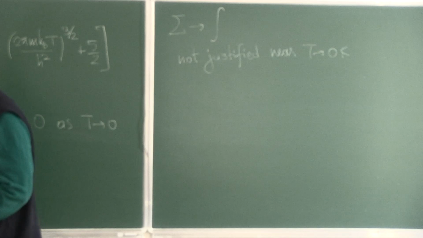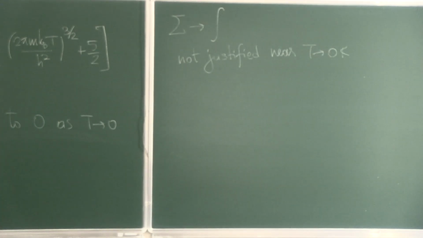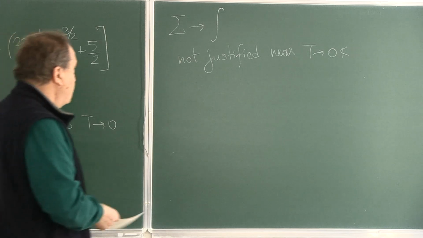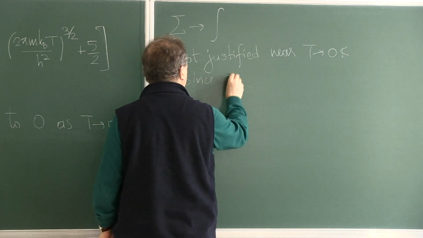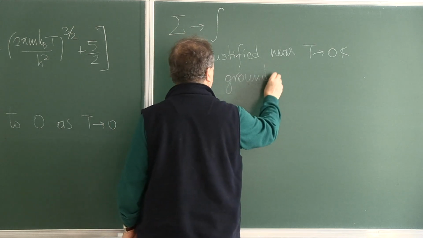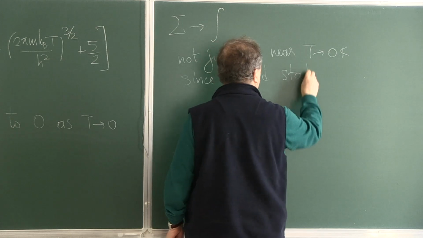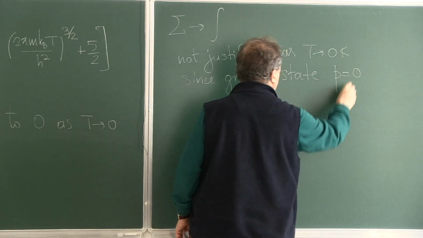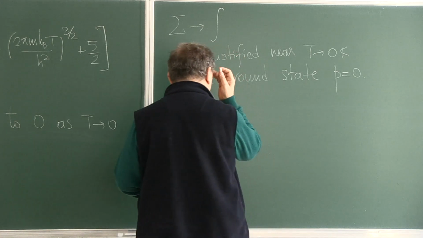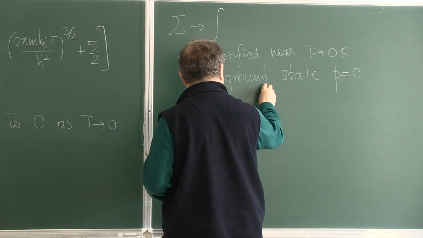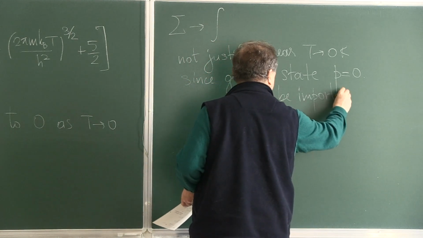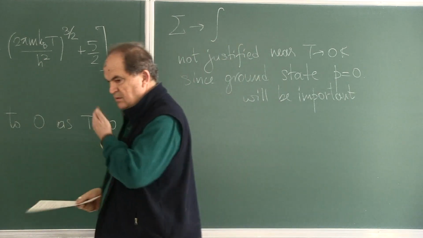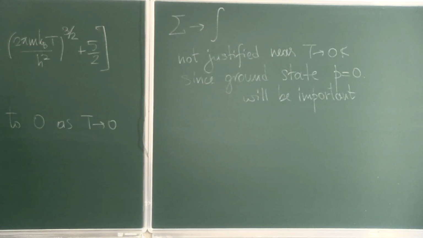The reason here is that the ground state at that limit becomes important, but there's no contribution from p equals 0 to the integral.